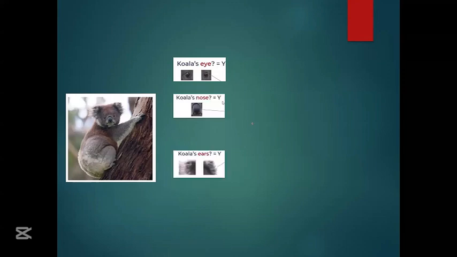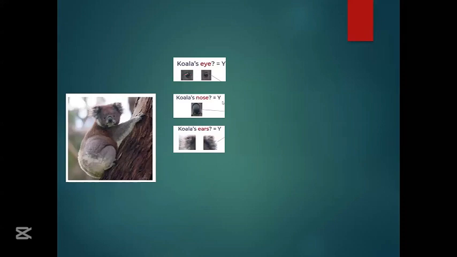So, for example, see this koala image. In our brain, we are identifying this as a koala, maybe due to some of the features, right? Features like the eyes, the nose, how the nose is appearing, and how the ears are appearing.